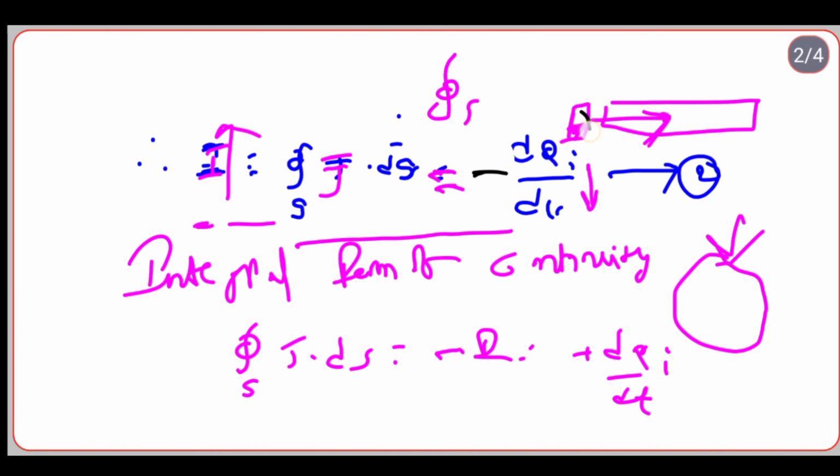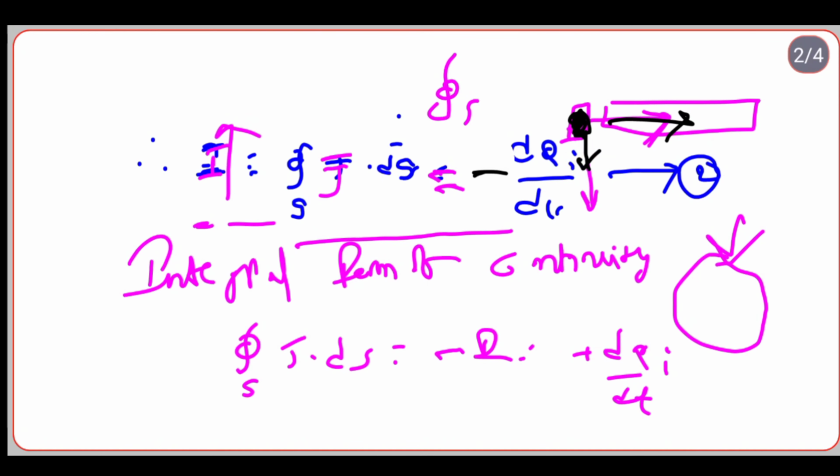This is the integral form of the continuity equation of current. What is the continuity equation? The amount of current passing through a conductor or leaving the surface equals the amount of charge that will be decreased. If the charge is fully inside the surface, the same amount of charge will be decreased. The negative sign indicates the outward flow of current from the closed surface.